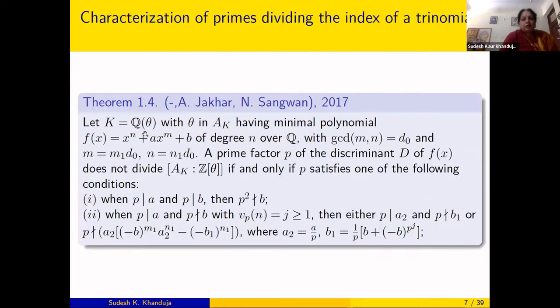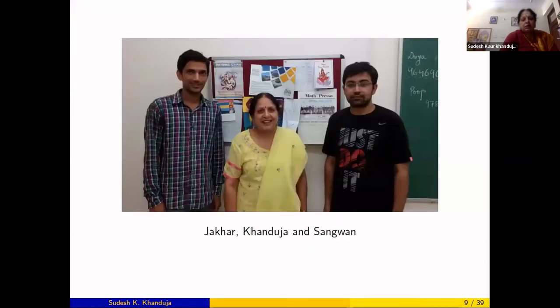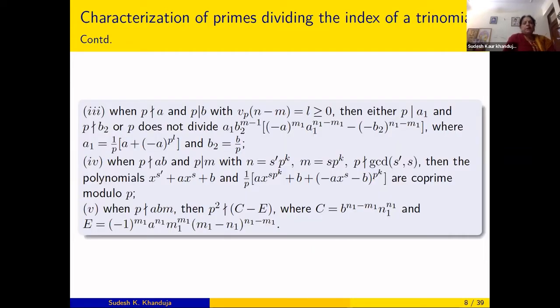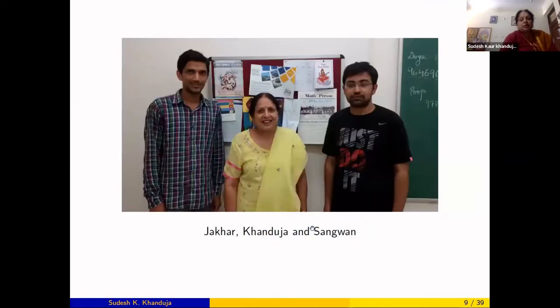So they gave these necessary and sufficient conditions for a prime p. P does not divide the index of θ if and only if, in all the cases they describe, necessary and sufficient conditions. So this is Jakhar.